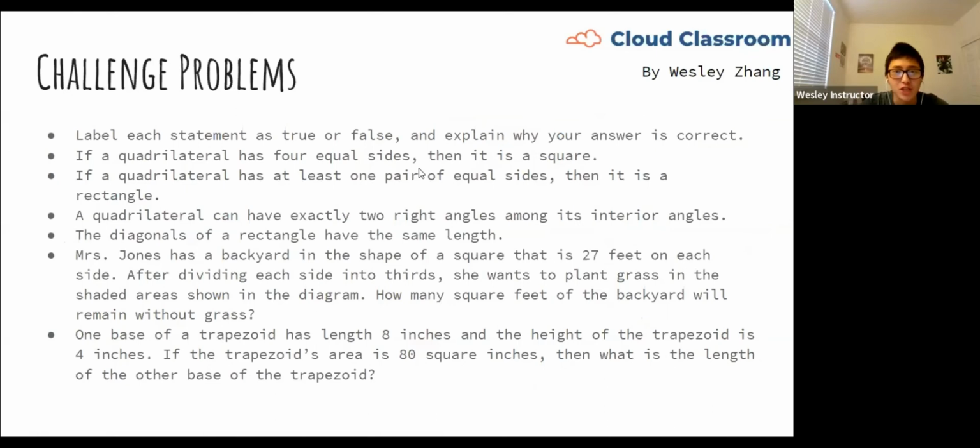Okay, and here are some challenge problems. Okay, so this is a lot. I just realized that. So for the first four, just label each statement as true or false. Don't explain why. That takes too long. And then the last two are just some word problems.